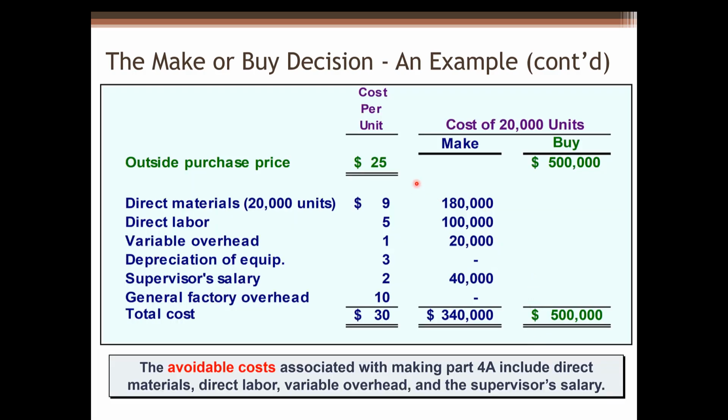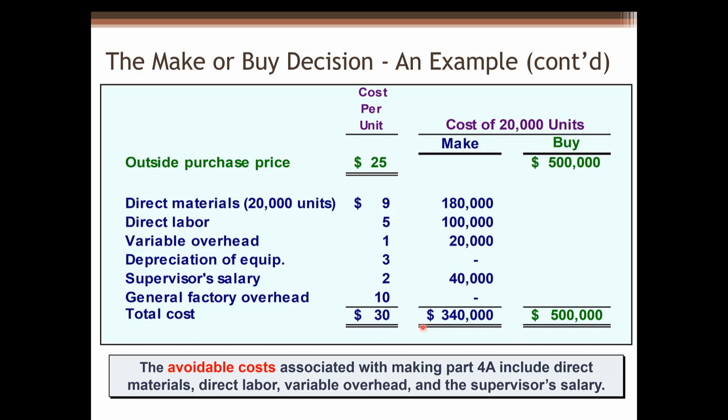Should we accept the supplier's offer? Let's take a look at the calculation. Outside purchase price, $25 per unit. To produce 20,000 units, total cost of buying from outside supplier is $500,000. To make Part 4A, avoidable costs include direct materials, direct labor, variable overhead, and supervisor's salary.